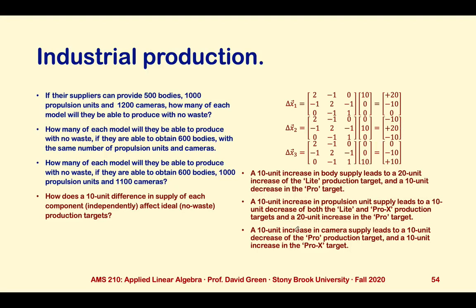A 10-unit increase in the camera supply can be handled by decreasing the production of the Pro version and increasing the production of the Pro X version, each by 10.